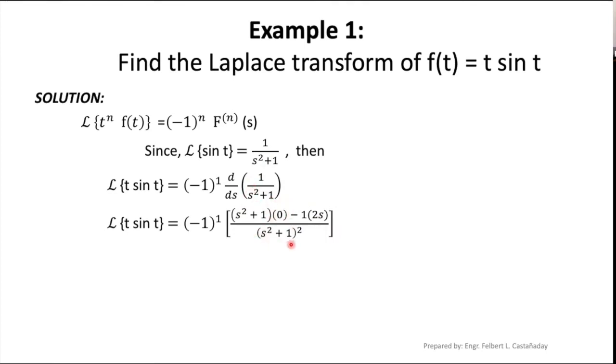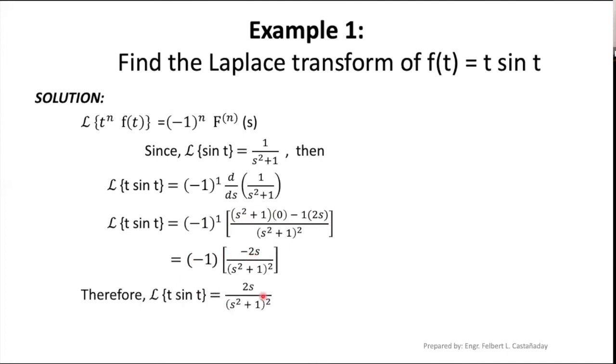So we have s squared plus 1, a quantity raised to 2. The next step is for us to simplify, so there's no differentiation anymore, you just have to arrange our answer. So we have negative 2s multiplied by negative 1. We have positive 2s over the quantity s squared plus 1 raised to 2. So this is the Laplace transform of t times sine of t.